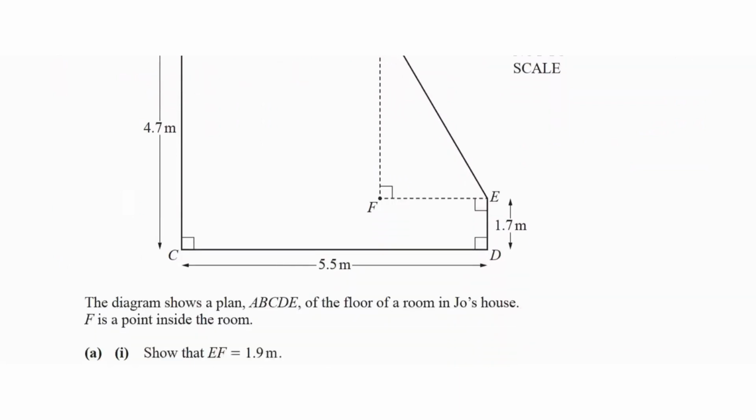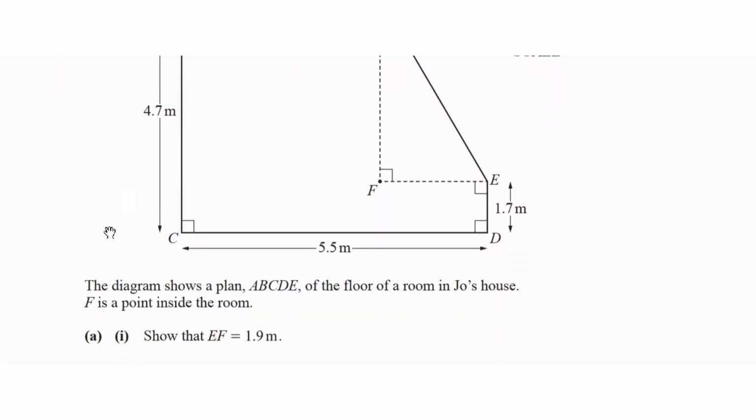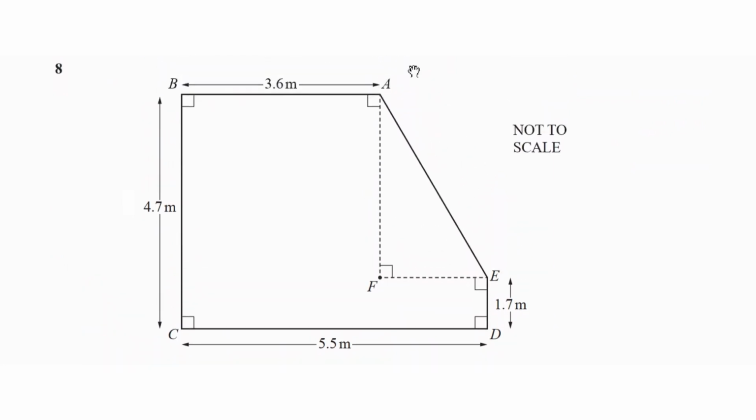Question 8 says, the diagram shows a plan ABCDE of the floor of a room in Joe's house. F is a point inside the room. Show that EF is 1.9. So this is EF. If you look at the parallel sides, this is AB and this is CD.